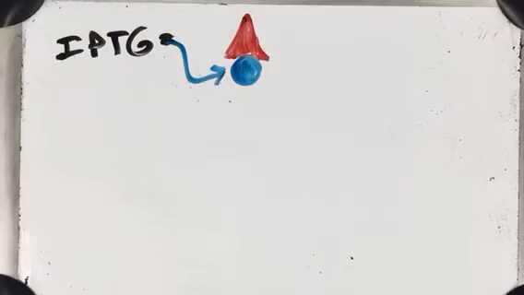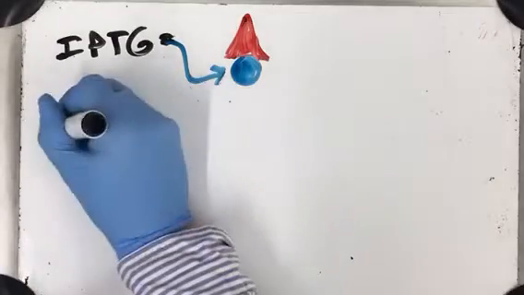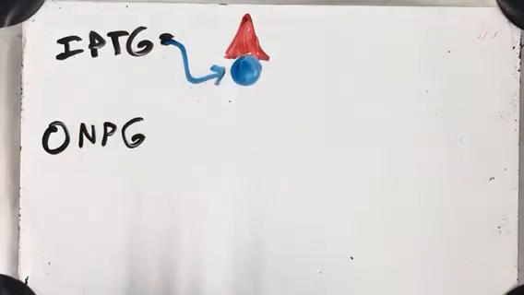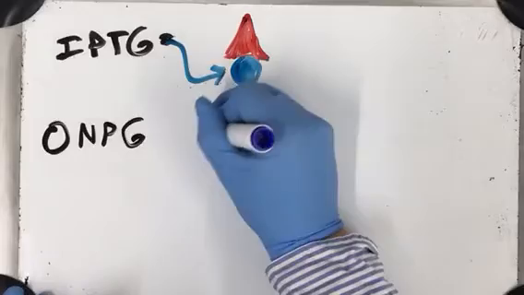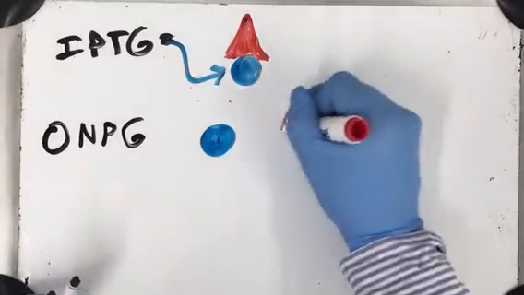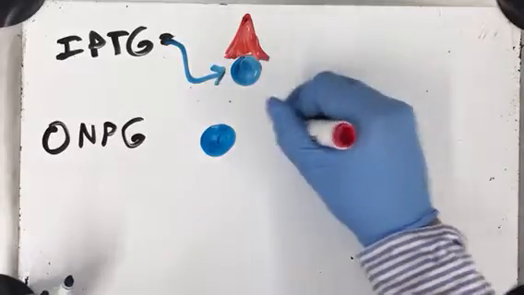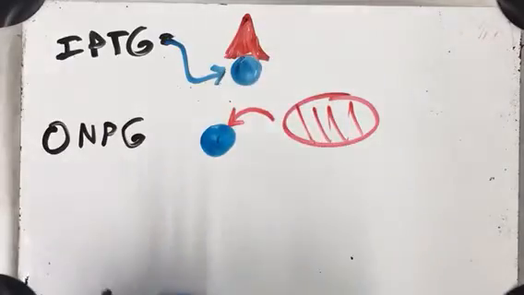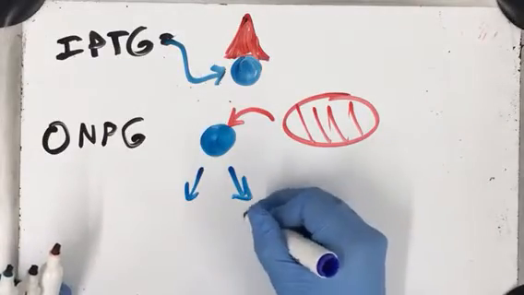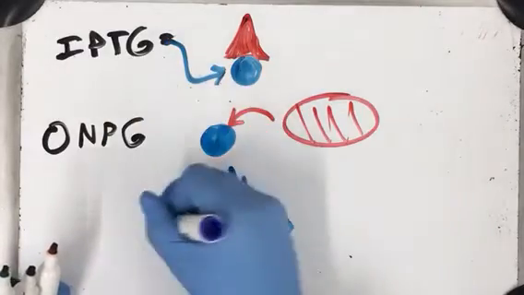The next thing we're going to add is ONPG. This is going to mimic the lactose that is going to be broken down by the enzyme, and that's going to split it into galactose and ONP.